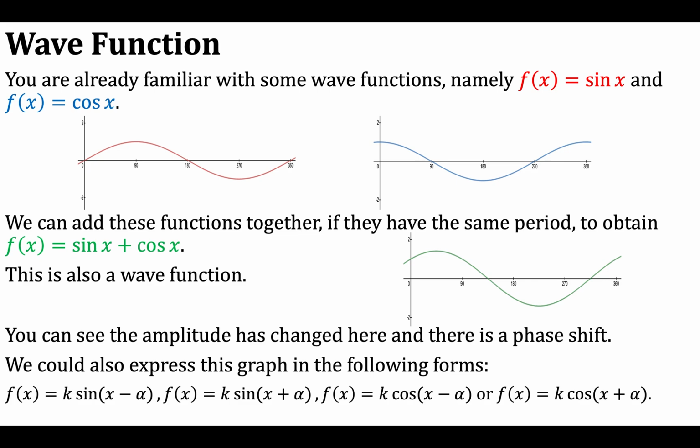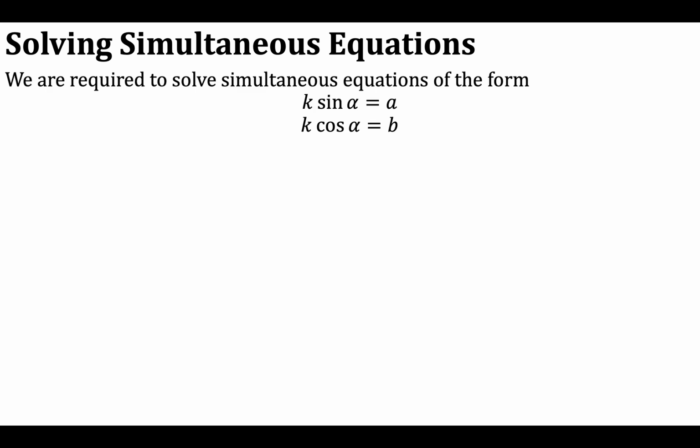So during this topic, that's what we're going to learn how to do, and then we'll be able to solve equations from that and be able to sketch graphs and work out maximum and minimum values of these functions as well.